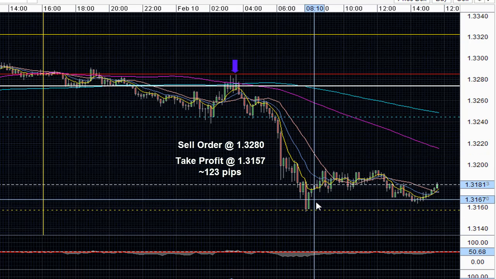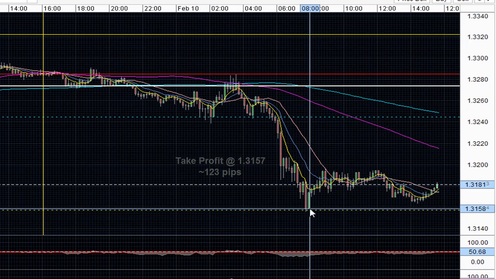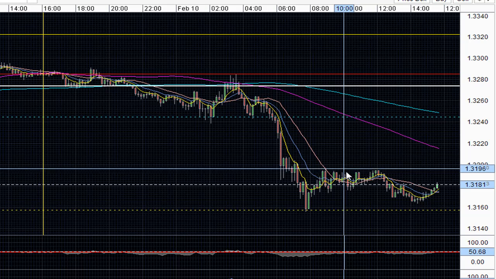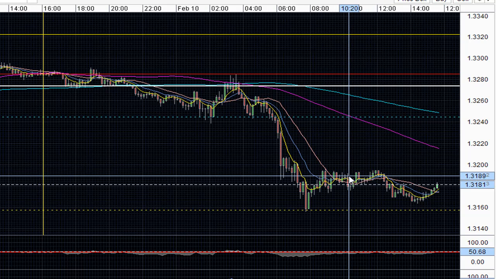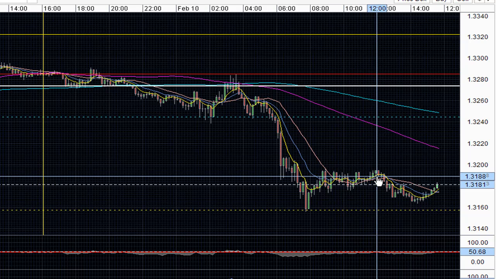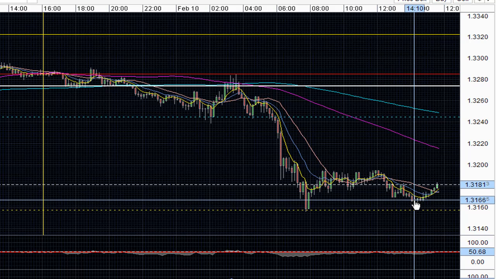As you can see, once price hit the support here at 1.3157, it retraced back and found resistance below this 1.3200 psychological level, and it appeared to consolidate for most of the New York trading afternoon until it began to slide even lower, and right now it's heading into the weekly close and it's heading higher a little bit.